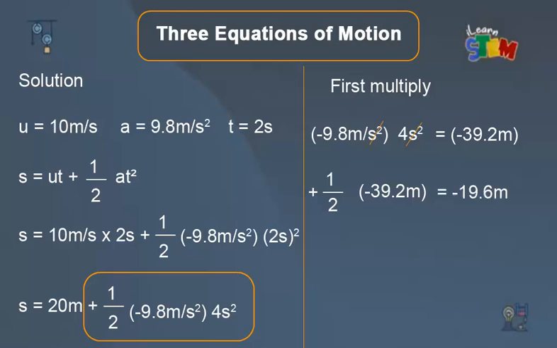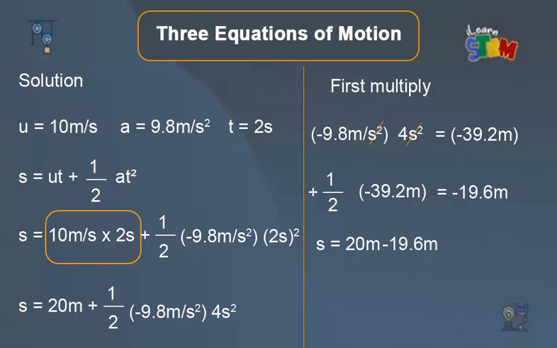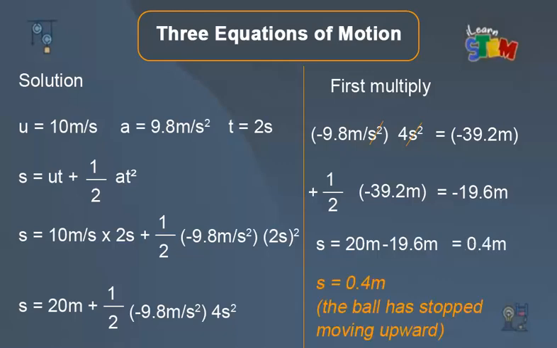Back to the equation. S, which is displacement, equals 20 meters, which was our result from multiplying 10 meters by 2 seconds. Minus 19.6 meters, which gives us 0.4 meters. Displacement equals 0.4 meters. The ball has almost stopped moving upward at this time. Don't worry if it takes time, understanding comes with practice.